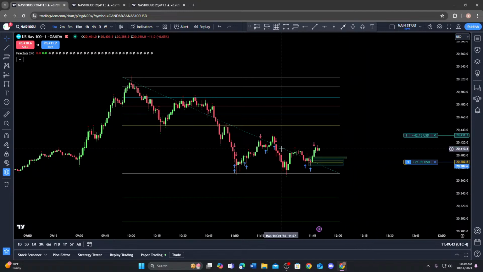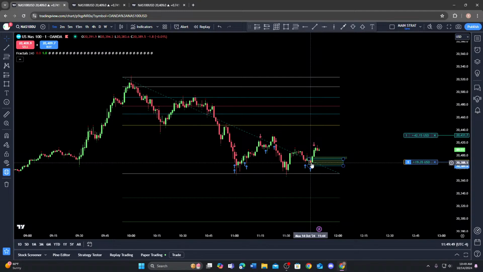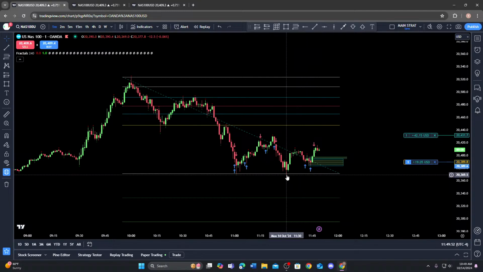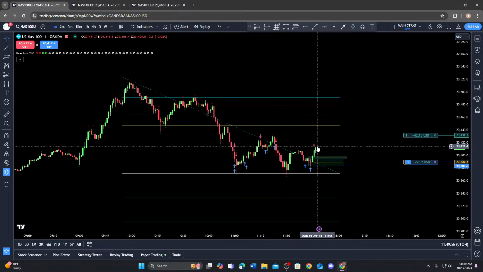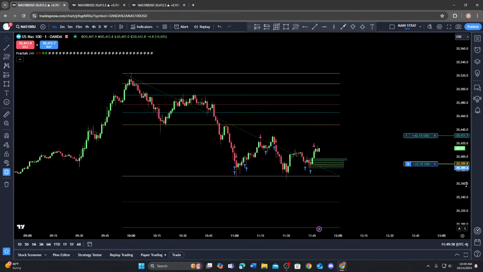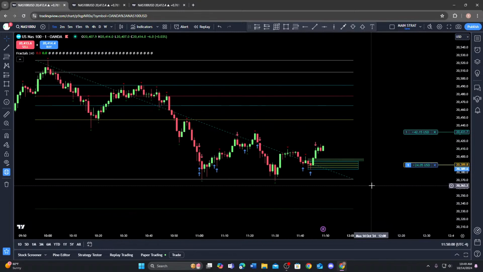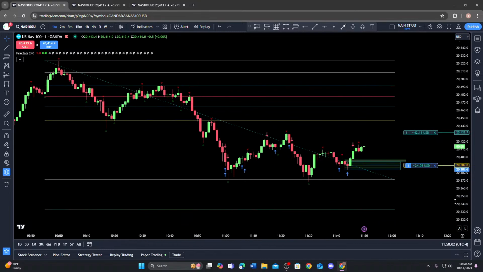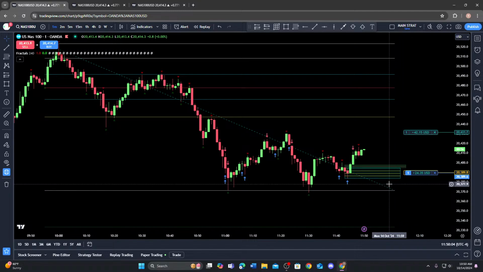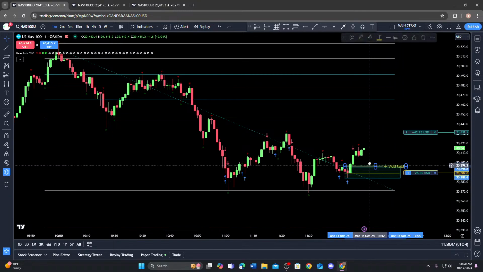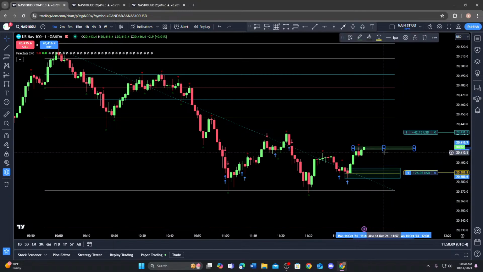We have a break of this swing high here, and then a higher low, then a lower high. Then we made a higher high here. All right, now we want this candle to be broken.